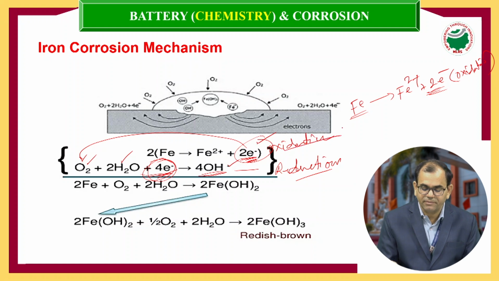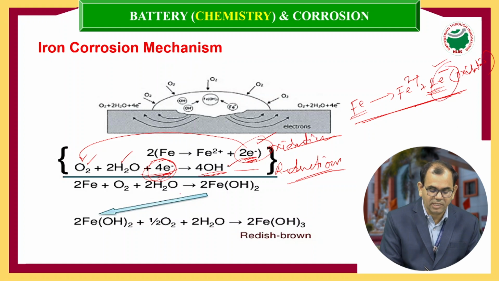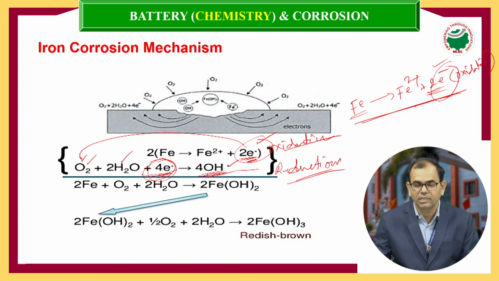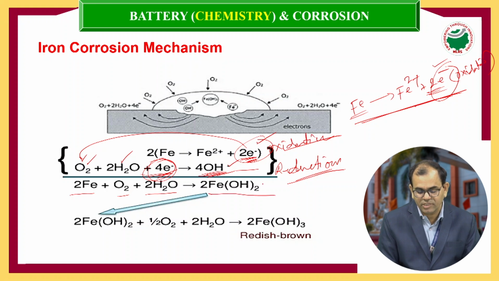So oxidation is loss of electrons, reduction is gain of electrons. Here Fe gives rise to Fe2+ and 2 electrons, loss of electrons. Whatever electrons are lost are gained here: oxygen with water and electrons gives rise to OH minus hydroxyl ion. So finally from these two reactions, oxidation and reduction, 2Fe plus oxygen and atmospheric moisture give rise to Fe(OH) taken twice. This is nothing but ferrous hydroxide. What is this?